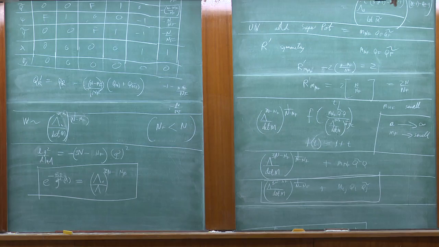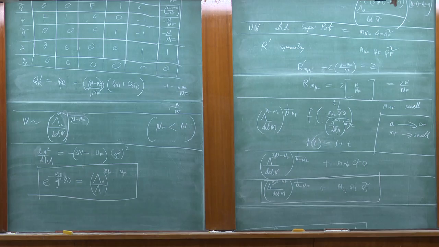This function appeared in this combination. Now, how do we know so tightly that it appears in this combination? Because of holomorphicity. If we were allowed to put M stars into this, then we could have put anything, because M star can carry whatever charge we want, and we would have been able to get any combination we want. The fact that it appears in this combination comes from holomorphicity.